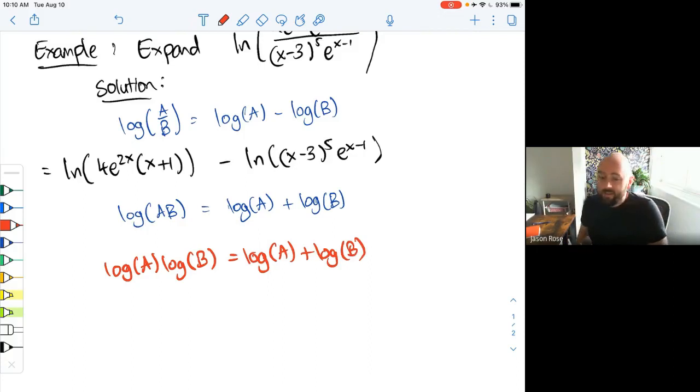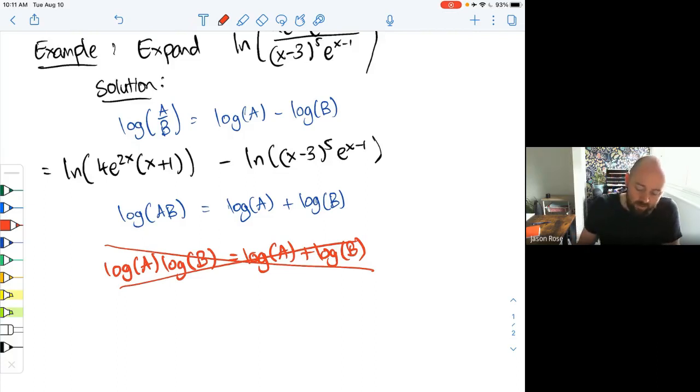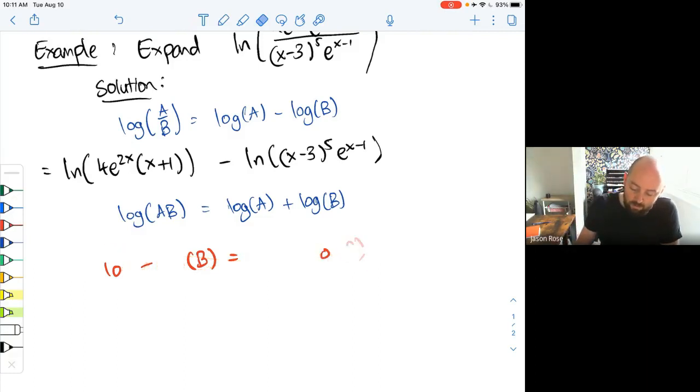If anybody selected that as a correct rule of logs, that's a question you got wrong. That one is not correct. It's the one above. Even though it looks kind of the same, it's not the same thing at all, and you have to be careful that you don't apply a log law to something that there is no log law for. So this one here is wrong. That was something that came up in your quiz.